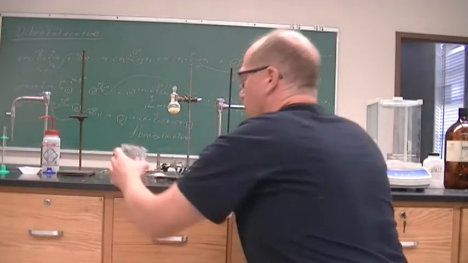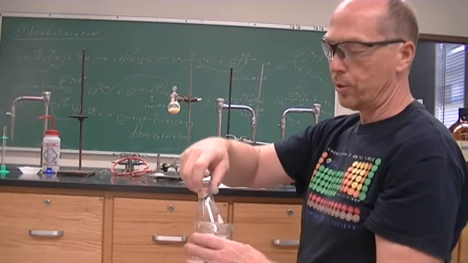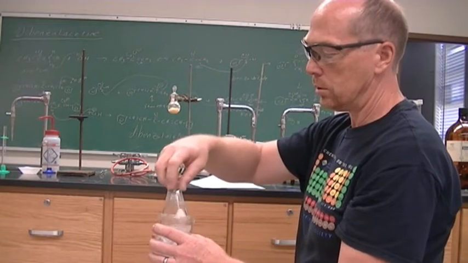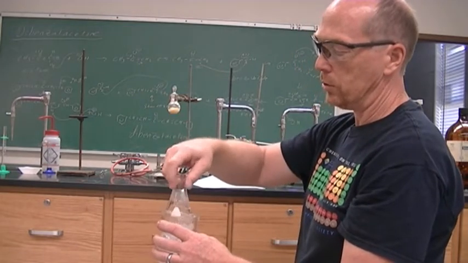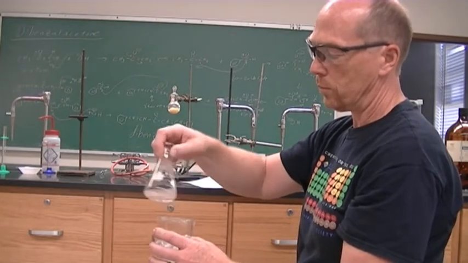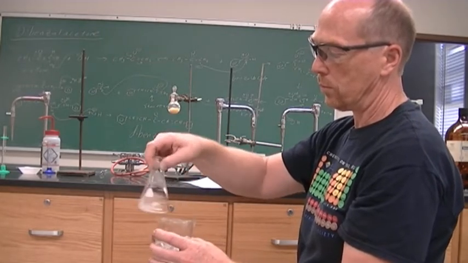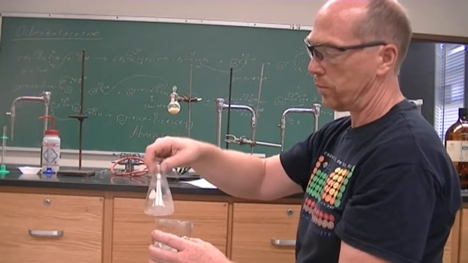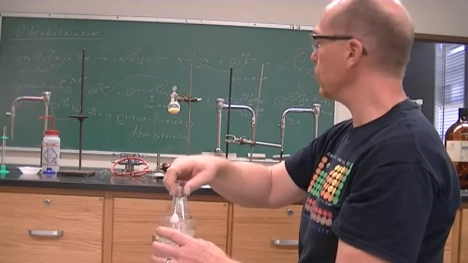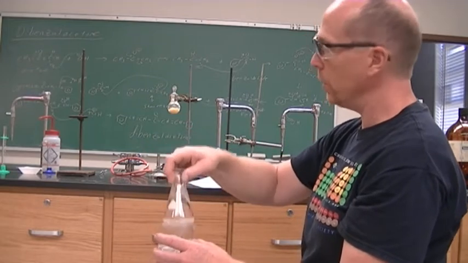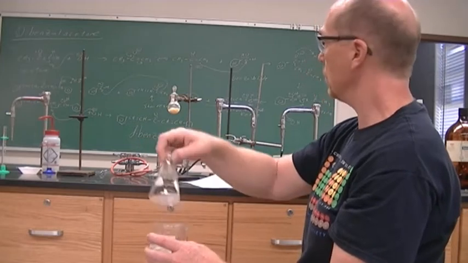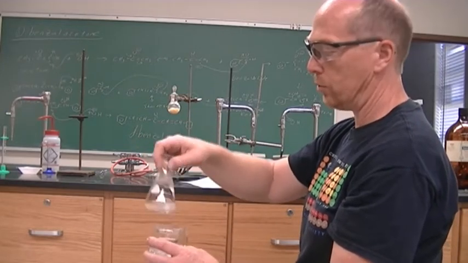Alright, so I'm going to do some rapid cooling by using some ice. It still has not dissolved all of the sodium hydroxide. Alright, so we're just making our basic solution, and once we add our acetone, the acetone will react with the sodium hydroxide.